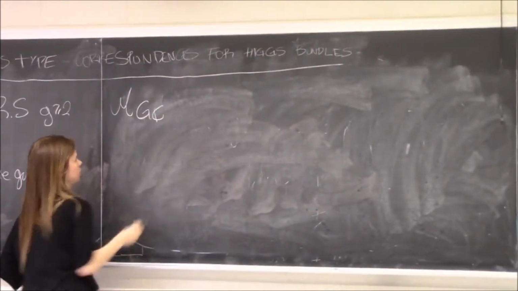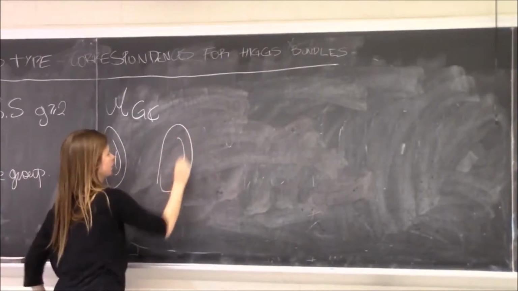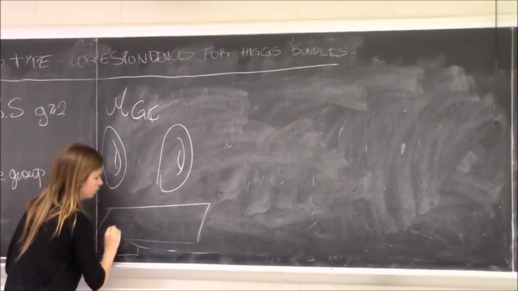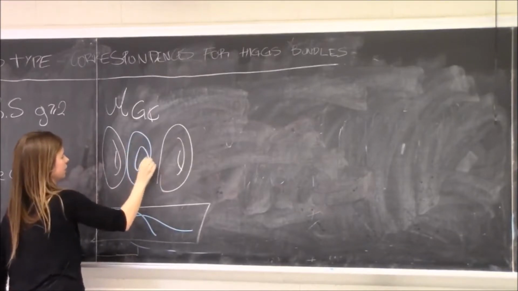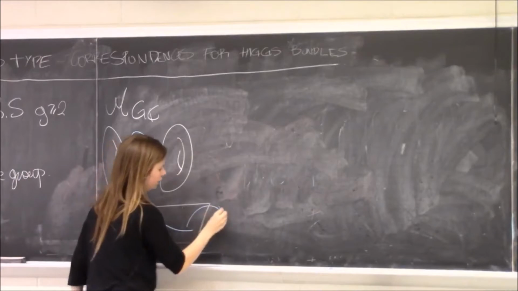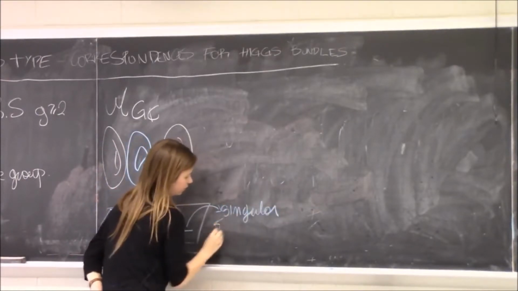M_GC, and we're going to keep our motivation of our fibration, where, just to recall, these fibers that we're interested in looking at are over points giving singular spectral curves.